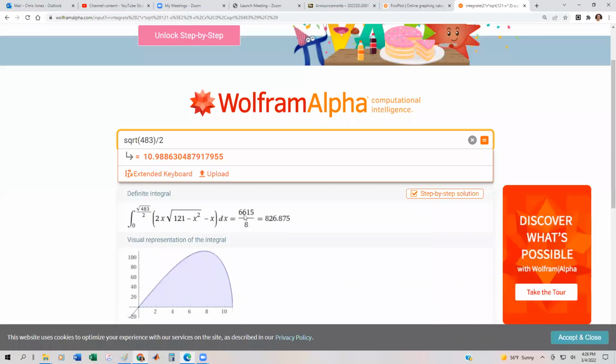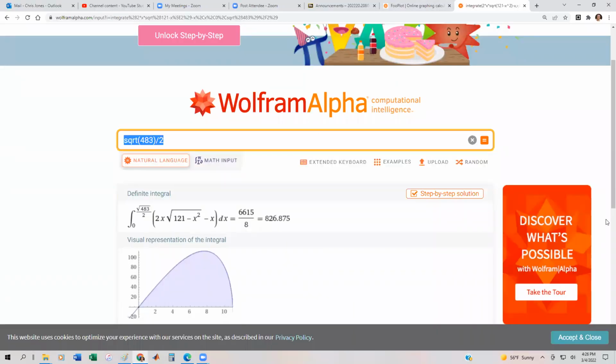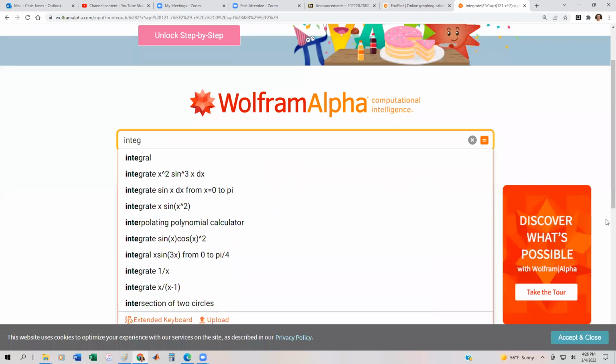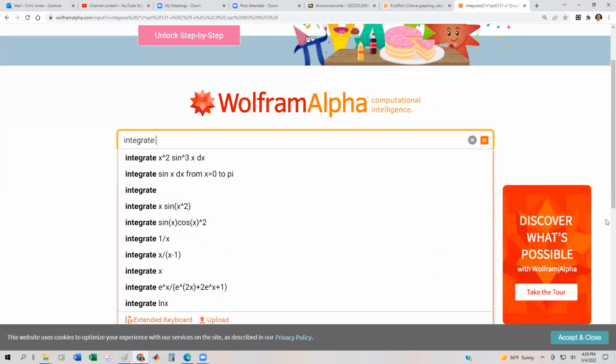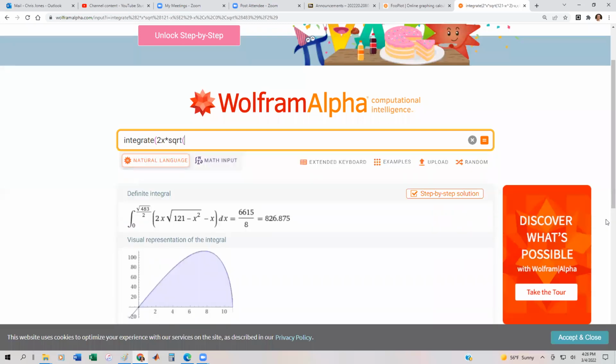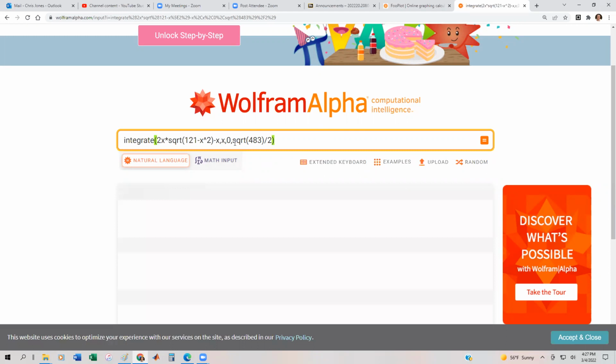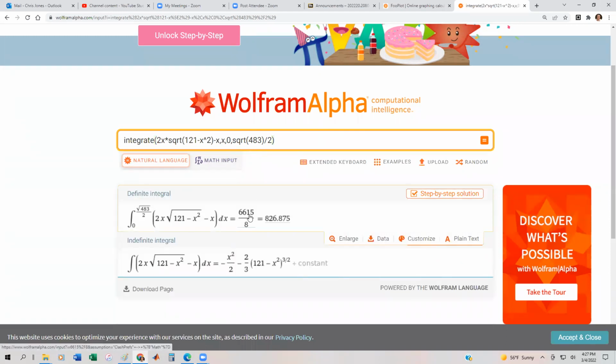So if I just go into Wolfram Alpha and integrate, we have 2x times the square root of 121 minus x squared, minus x, where x ranges from 0 to the square root of 483 divided by 2. And this should be a 0, not an O, otherwise it's not going to give us something we like. We're going to end up, hopefully, with something not so terrible.